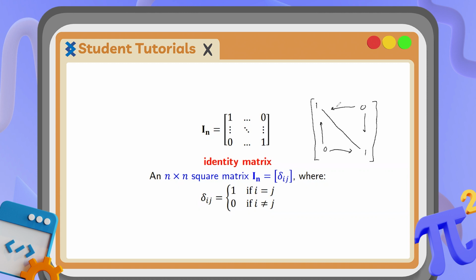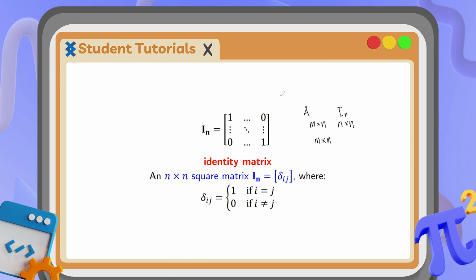So everything else would be 0 except for the diagonal. Another thing that is interesting about identity matrices is if you have some matrix A with dimensions m by n, and your identity matrix I sub n is n by n, your product would be m by n.